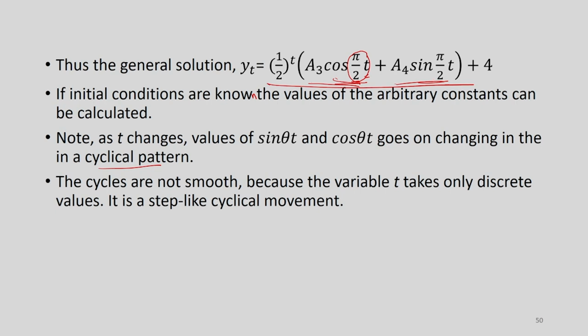So, the value of yt will change in a cyclical manner, but it is not going to be a smooth cycle, it is going to be something like this. As you can see, there are jumps between two time periods. That is what I mean by a step-like cyclical movement.